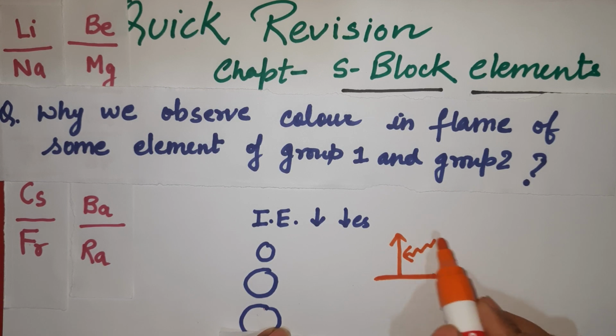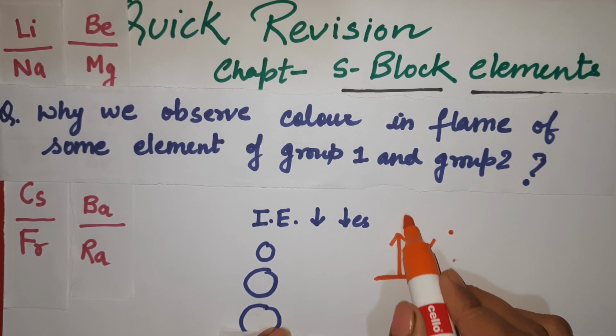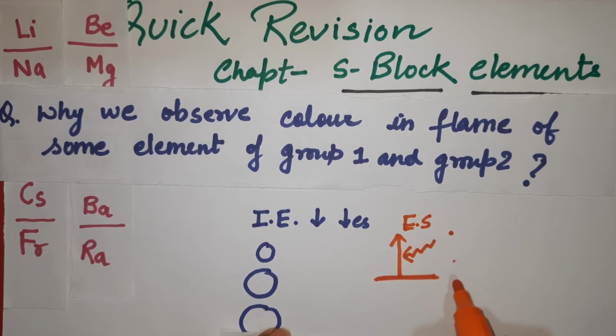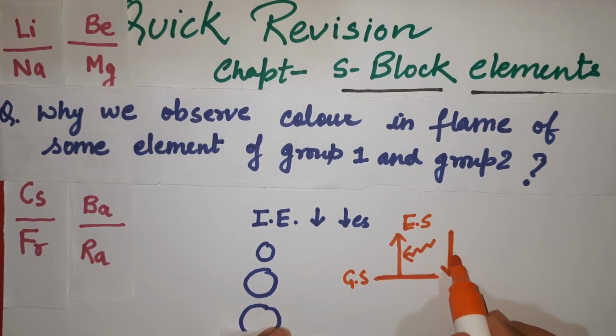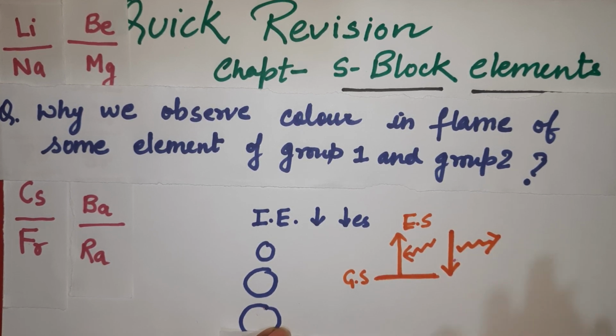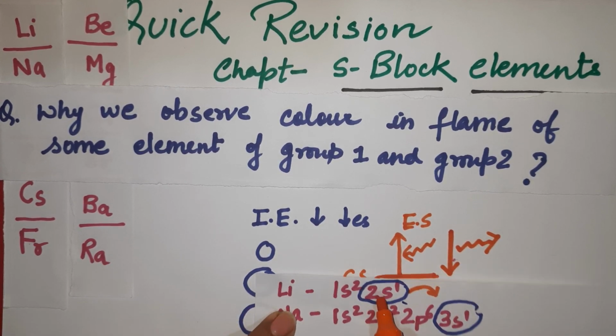This is the excited state, this is the ground state. After some time, the electron moves again from its excited state to the ground state by releasing some amount of energy.